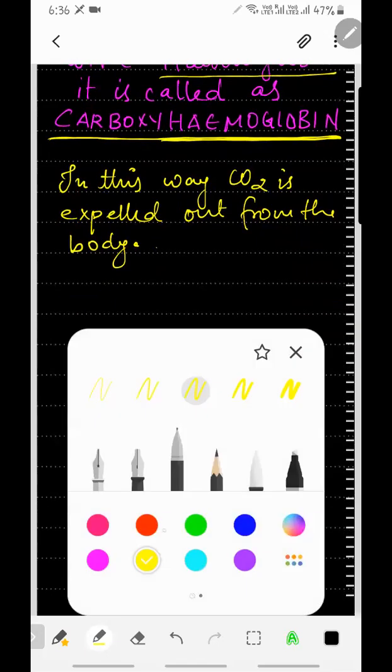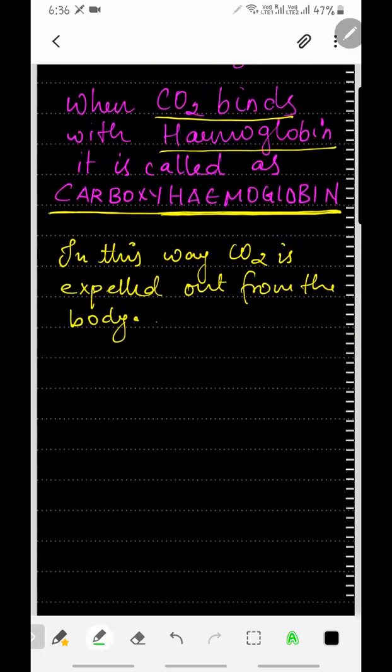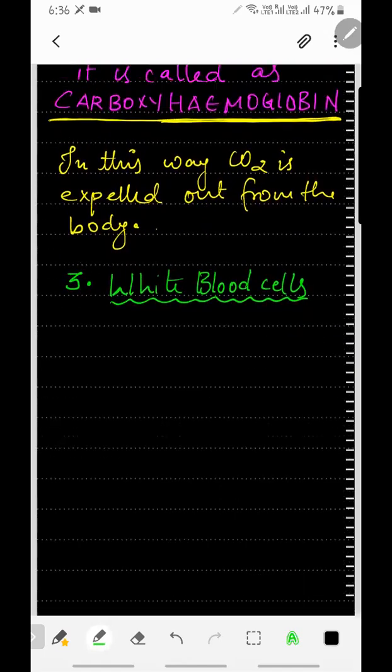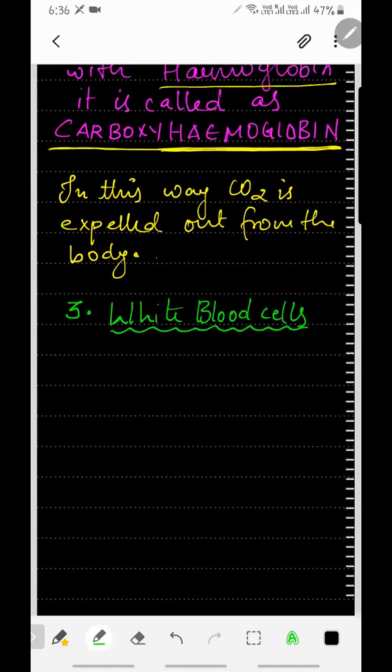Now the third one we'll see about is white blood cell. Okay, white blood cell is to give you immunity, the boost to fight against COVID-19.